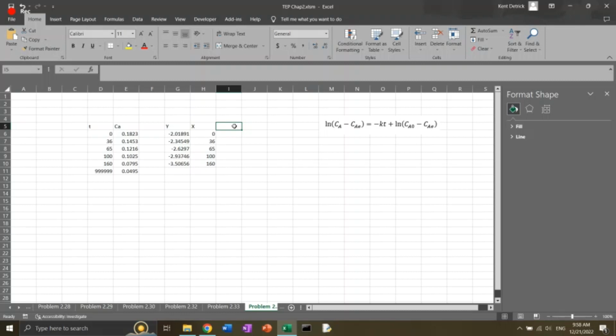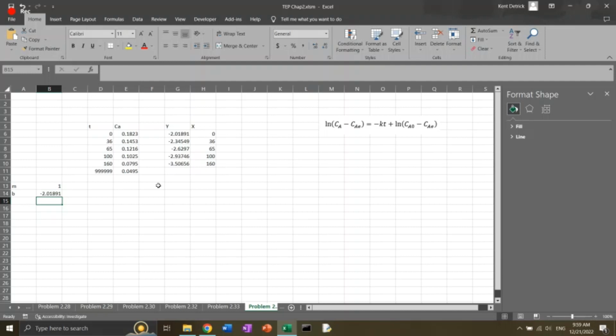Okay, so now we need our parameters m and b. So m equals minus k. We don't know what that really is, so we'll just put that it's 1 for now. We do know what b is. b equals the natural log of the initial concentration minus the final concentration.